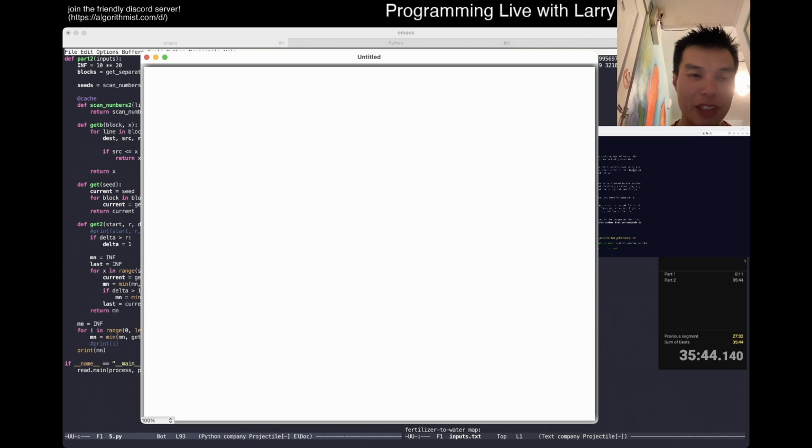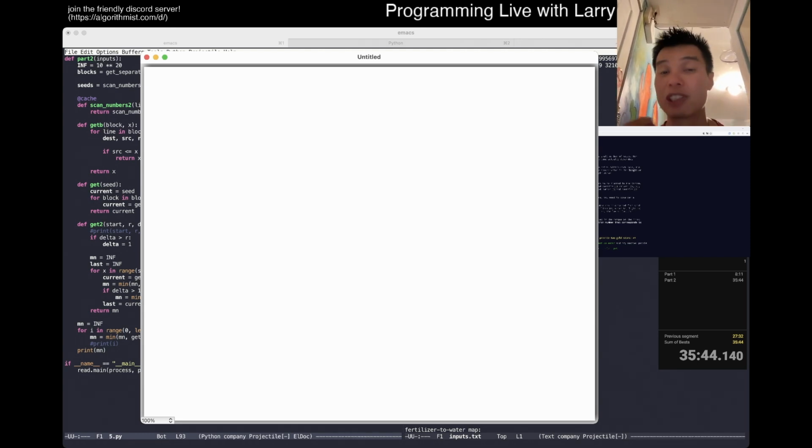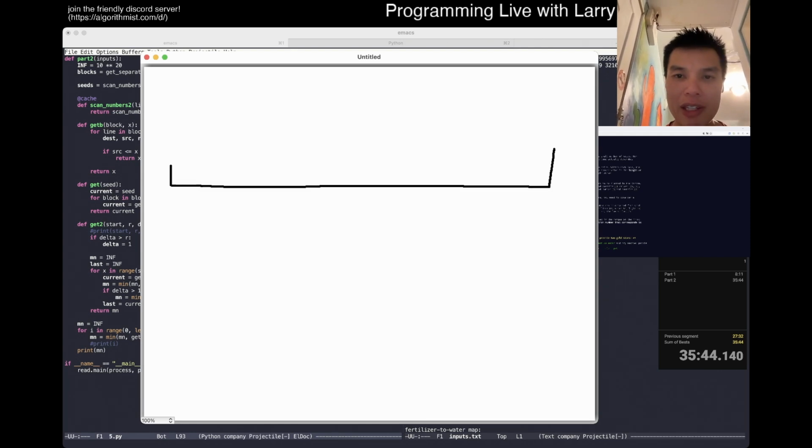But basically the idea is that the obvious thing is they tell you to look at each range, and of course we can without loss of generality just look at one range. You can loop over it. It shouldn't be that bad, right? So now you have this range, and this maps to something. For visualization I'm going to do two mappings, two layers of mapping, though there could be more.